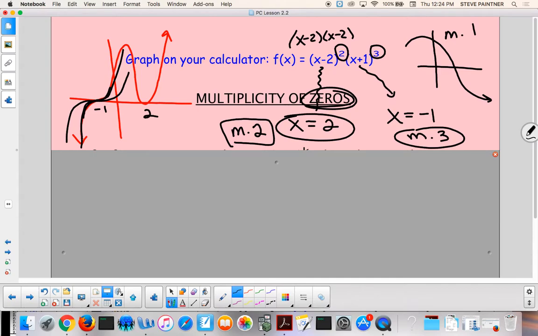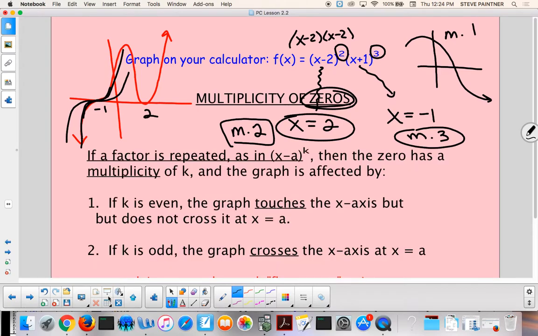I know you guys can already read yours, but let's just read it again. It says if a factor is repeated, and here's repeating right here, we are repeating with these exponents, as in x minus a to the k power, then the zero has a multiplicity of k. So you have a multiplicity of 2 or 3 or 4 or 5 or 6, whatever it says.